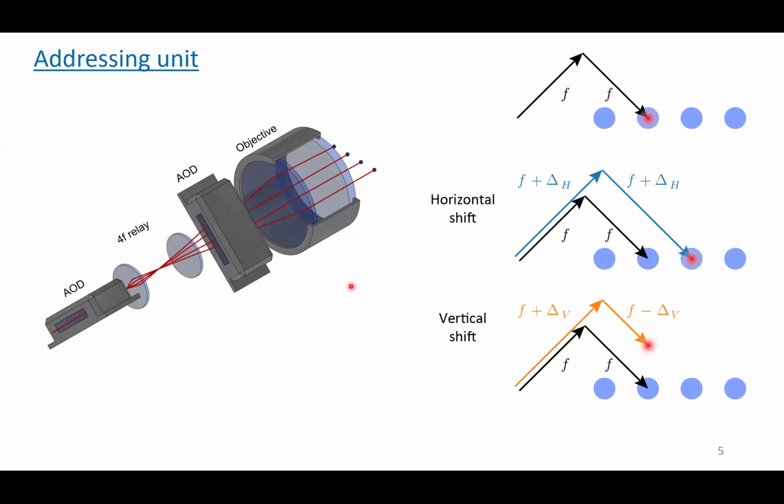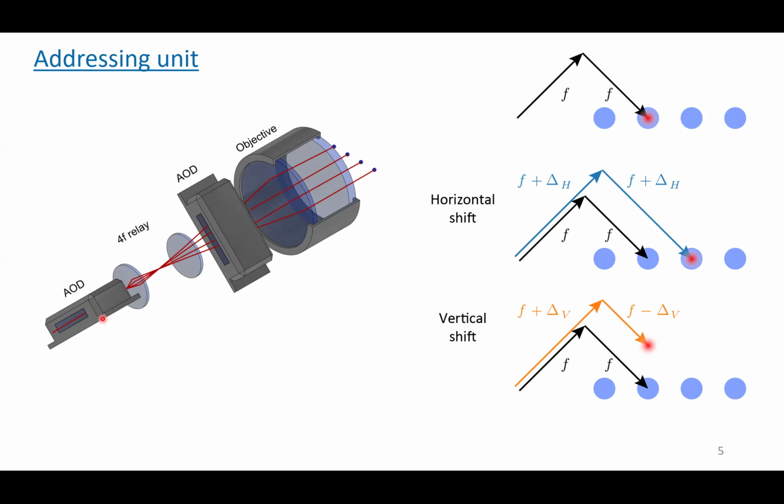One of the features which will be important for future considerations for mid-circuit detection is how we address ions, and for that we use optical addressing for single ion addressing using two crossed acousto-optic deflectors. I hope you know how this device works. If you don't, feel free to ask.